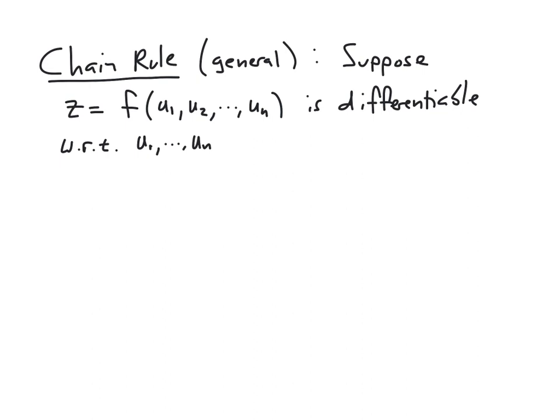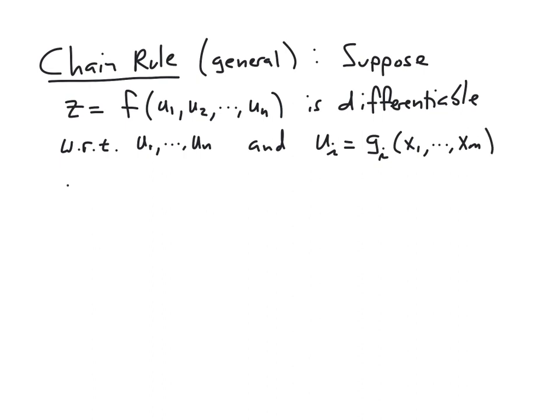Right? And in addition to that being differentiable, we want each of the u's, so I'm just going to say ui to represent one of the arbitrary variables u, we want each of the u's to be a function, say g sub i, of variables x1 through xm.